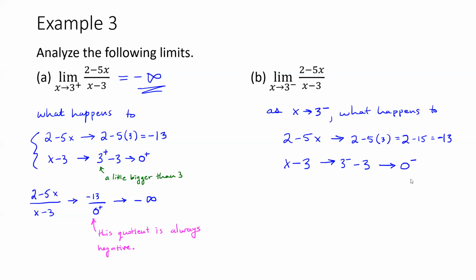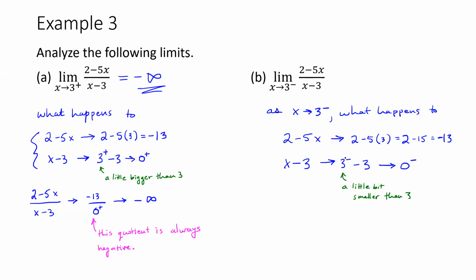Right, so again, you want to think of 3 minus here as a number that's a little bit smaller than 3. When we're approaching 3 from the left, we're assuming it's less than 3.